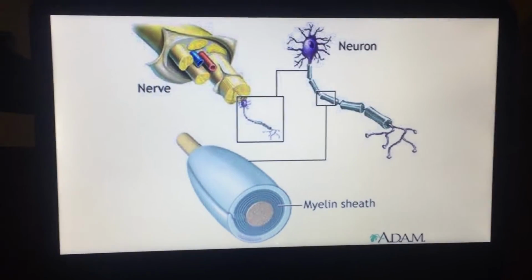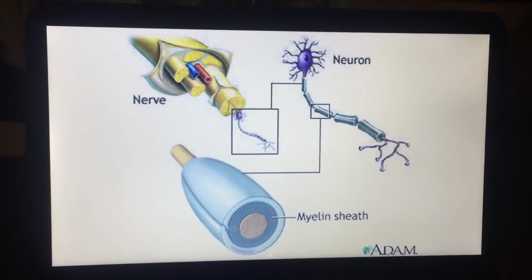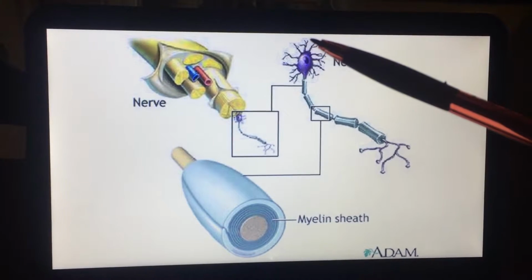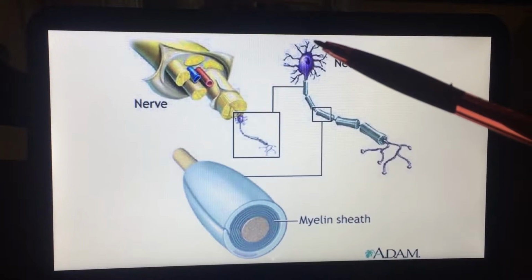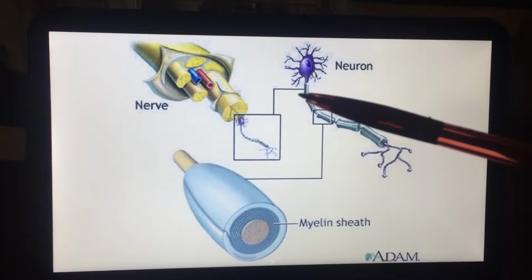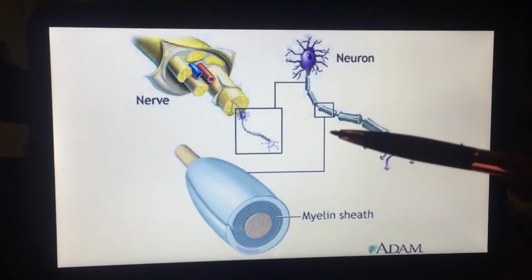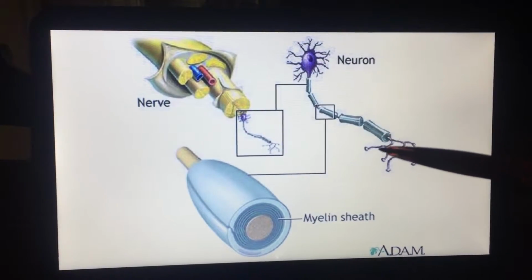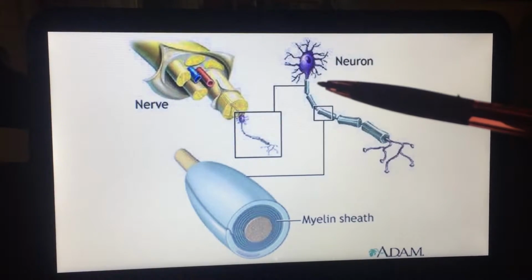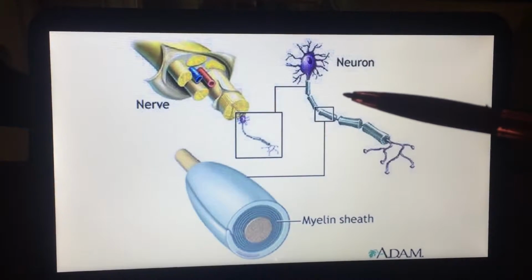Now, to review the main parts of the nerve impulse, because I know that was a lot of detail we covered, the first thing that happened was that a neurotransmitter bound to the dendrites here in the neuron. That's going to trigger the nerve impulse. You are then going to have depolarization and repolarization, depolarization, repolarization, down the length of the axon. And remember, depolarization is just the movement of sodium ions into the axon, and potassium moving out is the repolarization.